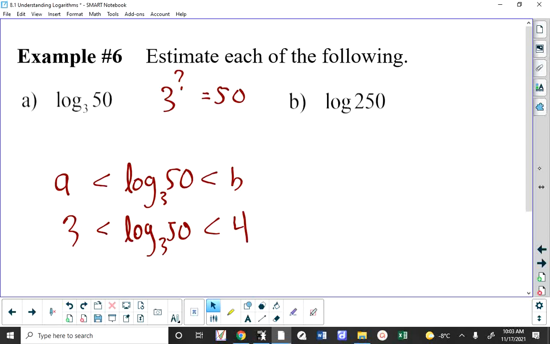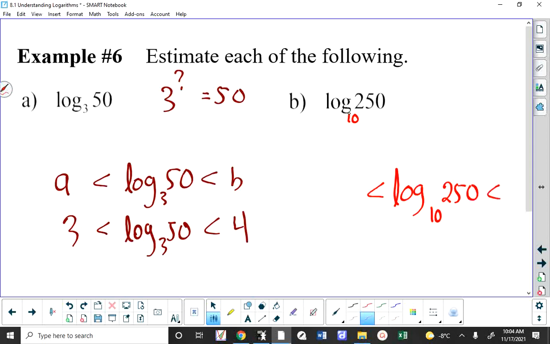Log of 250. Well, this is base 10. So we are looking for just kind of a domain of values. I'm using domain. I don't know if that's an appropriate word. What are two integral values, or whole number, or natural values in this case, that log base 10 of 250 lies between?